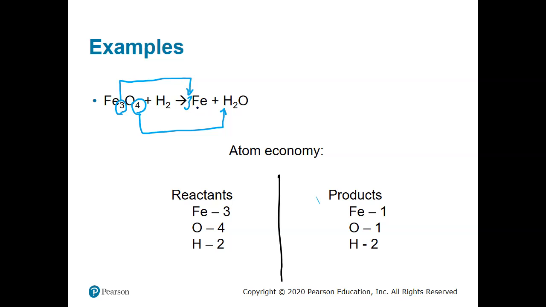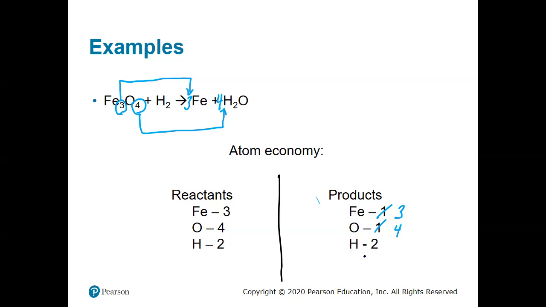So the 3 irons become 3 irons. The 4 oxygens become 4 water, because each water has 1 oxygen in it. So as I make those changes, that's going to change my product side of the reaction. Then I need 3 irons now, and 4 times 1 is 4 oxygen.